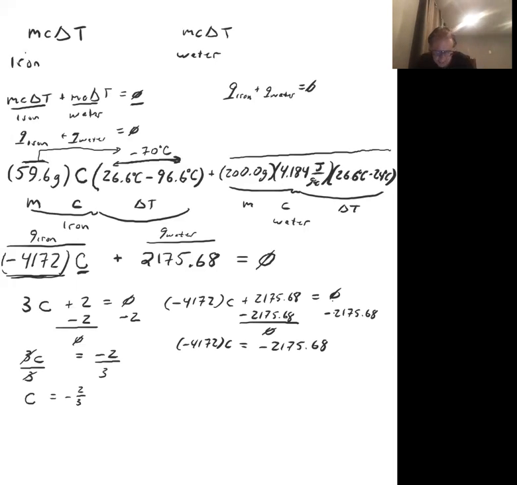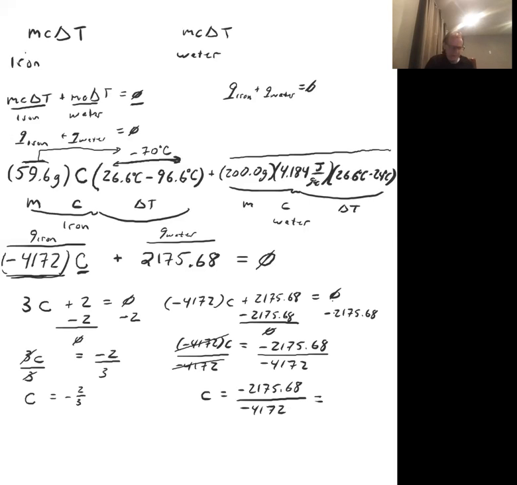Then in the second step, we could divide both sides by the coefficient, which is minus 4172. Okay, minus 4172 divided by minus 4172 is 1. So you just have C equals minus 2175.68 over minus 4172.